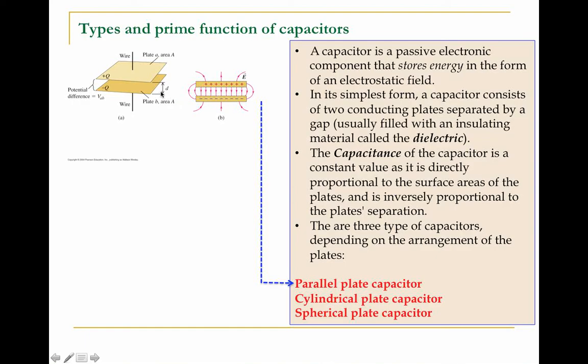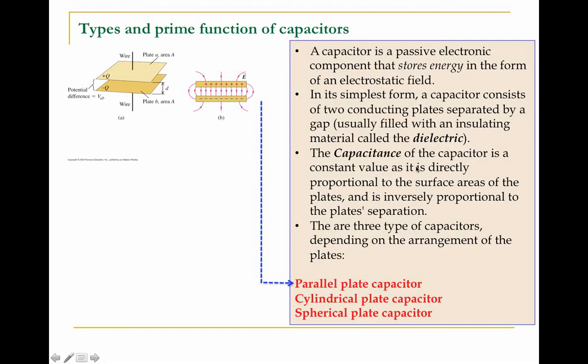So that's what comprises a capacitor. Each plate has an area A, and then, as I said, they're separated by a gap, D. Sometimes in between the plates we insert a material that is called a dielectric, and we'll see what that means later on in the lecture today.